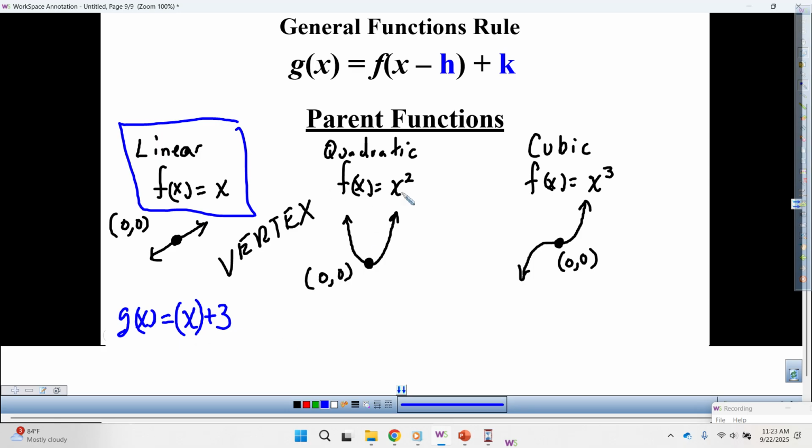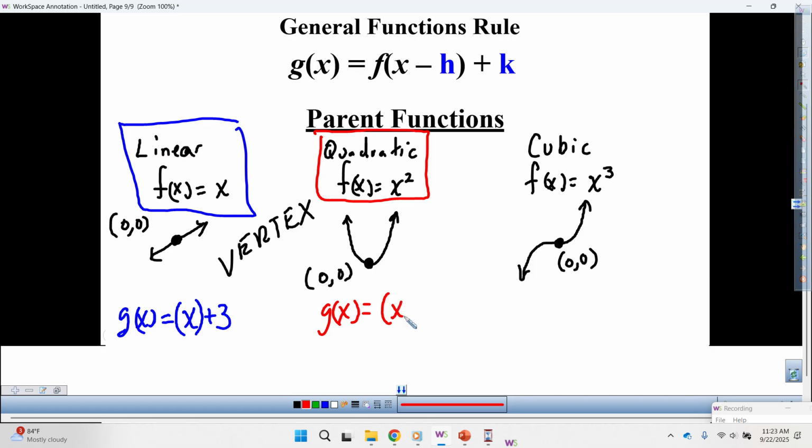Look at the second one. Let's say I wanted to move this one 2 steps to the right and 5 steps down. I would begin with g of x equals, parentheses, x.